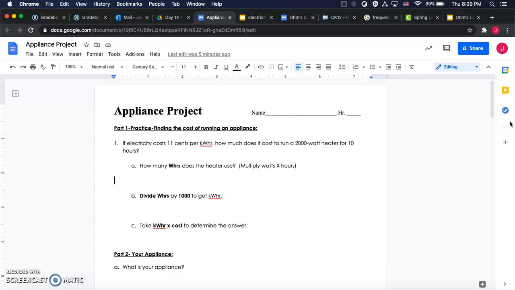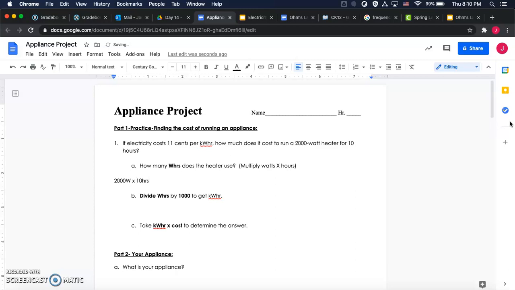So this heater is 2,000 watts. That's how much power. Remember, power is like the amount of energy it uses per given amount of time, so it uses 2,000 units of energy per second. 2,000 watts times 10 hours, right?